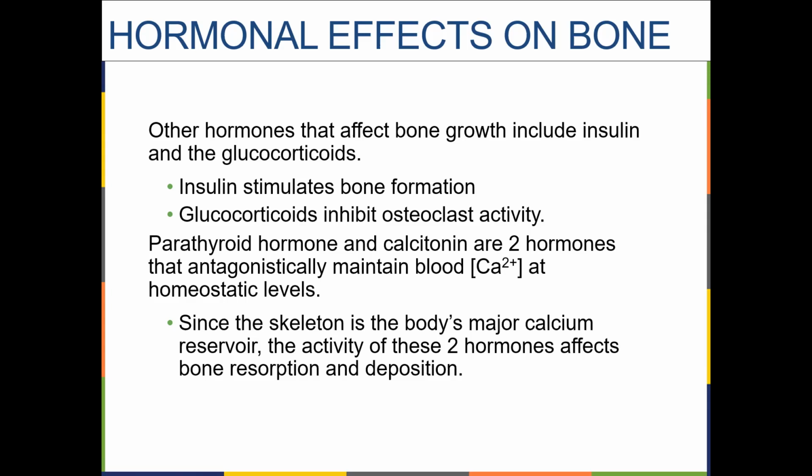When we need calcium for these other actions, our bodies will raid the bones. That's what they do. And the two hormones that help to control absorption of bone to release calcium or deposition of bone to capture calcium are parathyroid hormone and calcitonin.